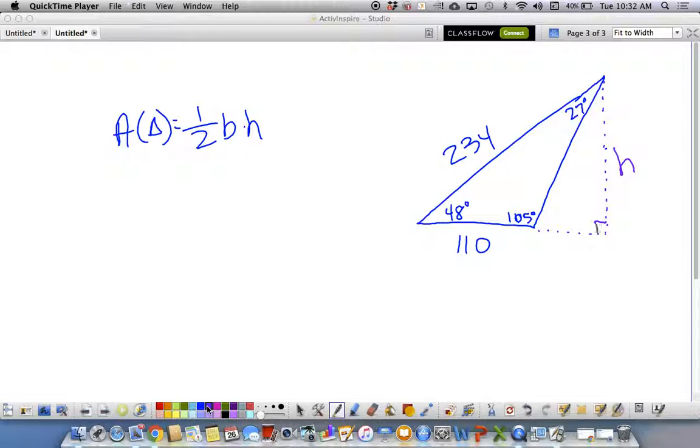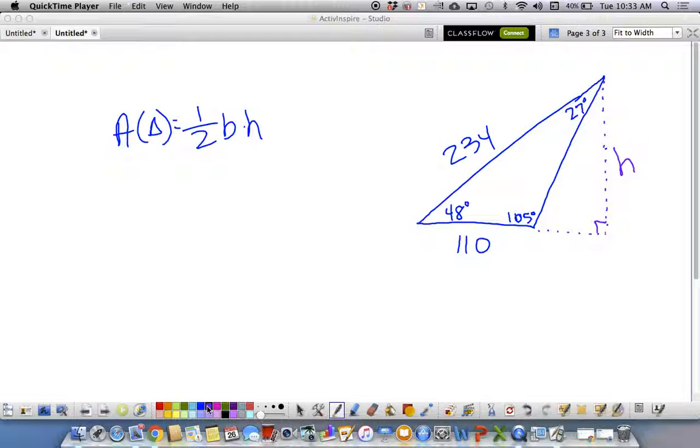So in all of your math classes before, because we all know this is an obtuse triangle, anytime you have an obtuse triangle, the height is generally outside.